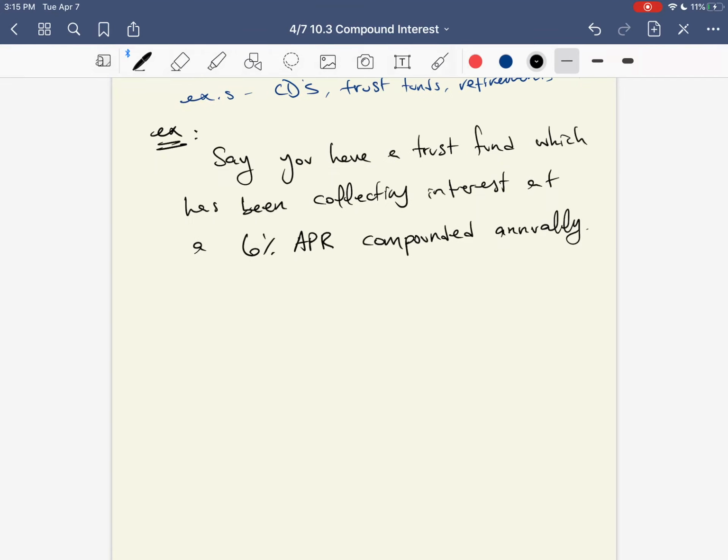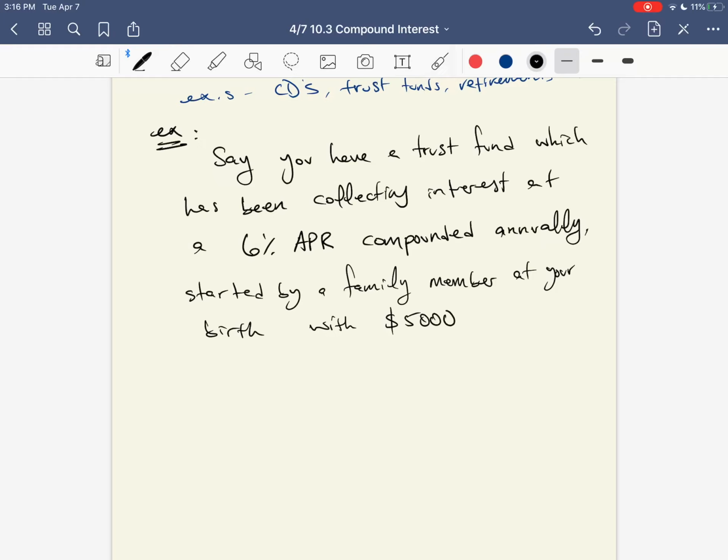So maybe a family member started this for you, and let's say they started it with a principal of $5,000, at your birth. Okay, so that's going to be your principal P.